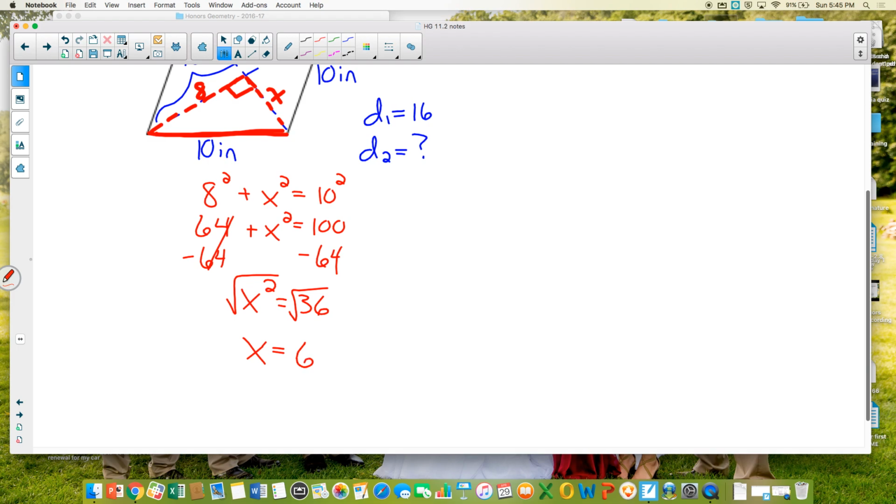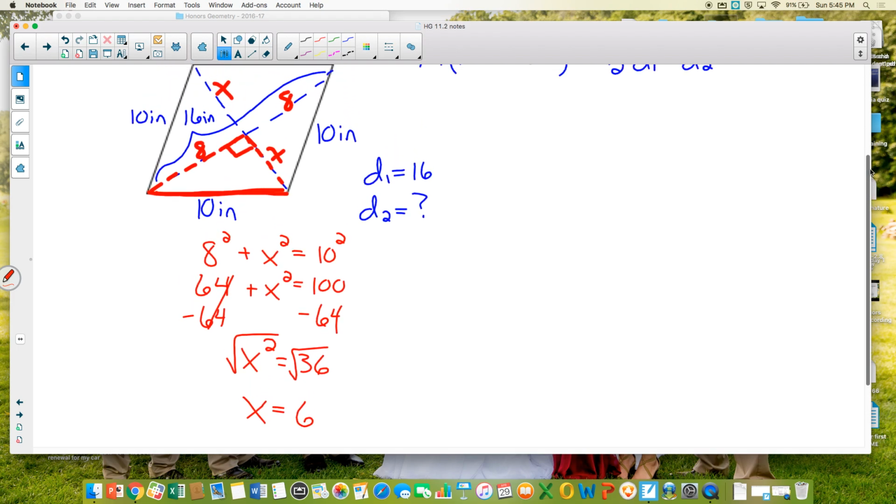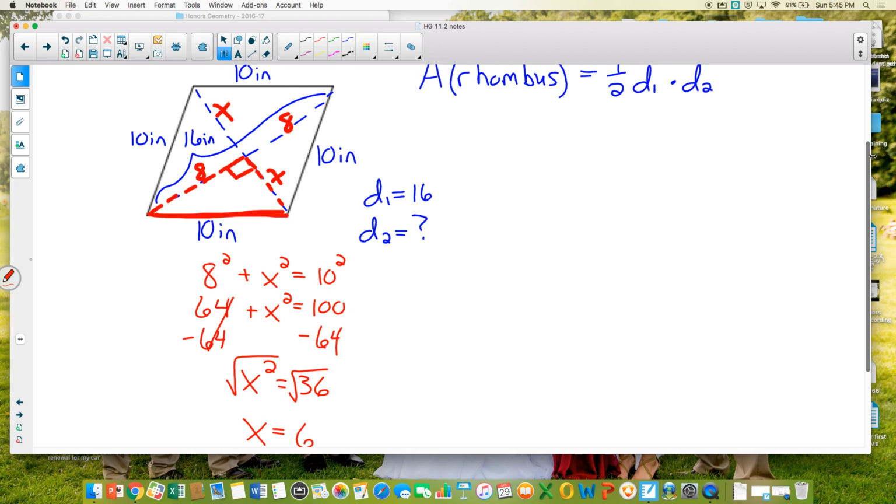So if x is positive 6, going back up, the second diagonal we do not know has one x right here and has a second x because x made up half of that diagonal. So diagonal 2 equals 6 plus 6. So we know diagonal 2 is 12.